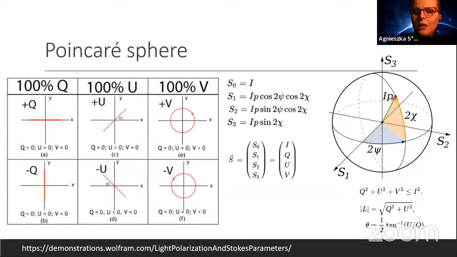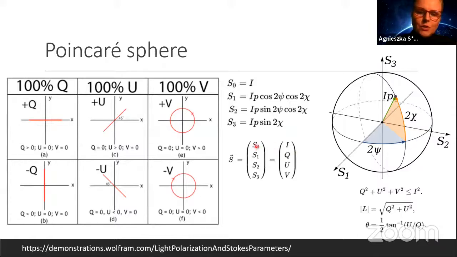And this P is the fraction of polarization, which is from 0 to 1. So if it's 0, the light is unpolarized. If it's 1, the light is polarized.